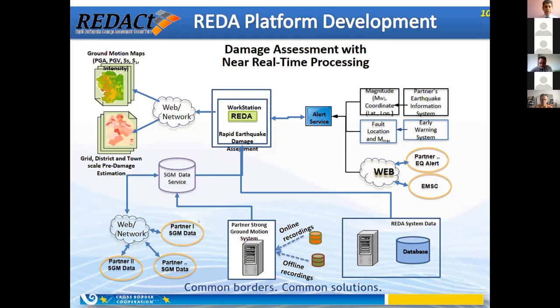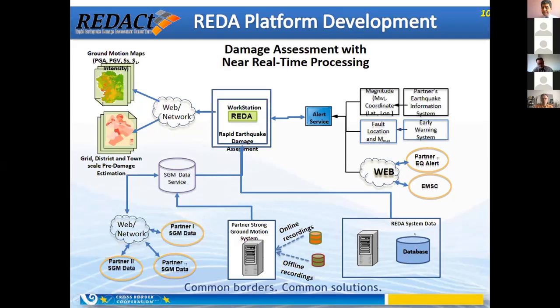This data will be gathered in the strong ground motion data servers from each partner during an earthquake, and the data will be shared with the REDA Rapid Earthquake Damage Assessment Workstation.